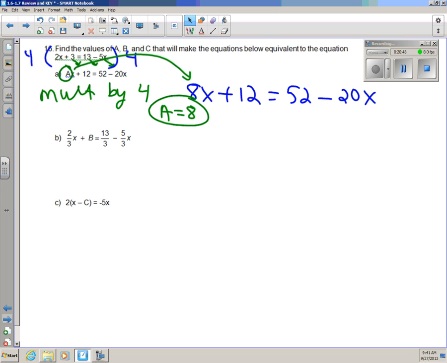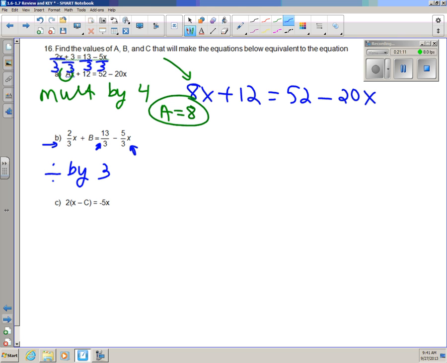Let's take a look at the next one. If I look at the original equation, I've got 2, 3, 13, and 5, but notice how everything in this second equation is over 3, over 3, over 3. I must be dividing the original equation by 3.